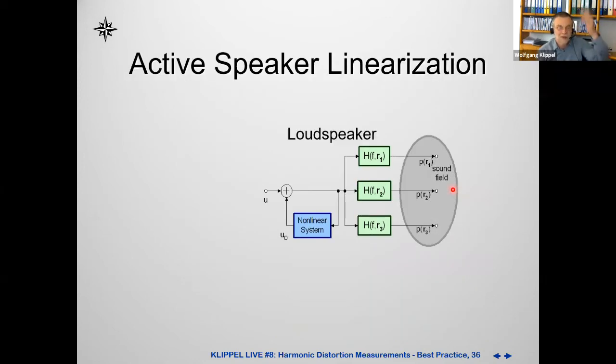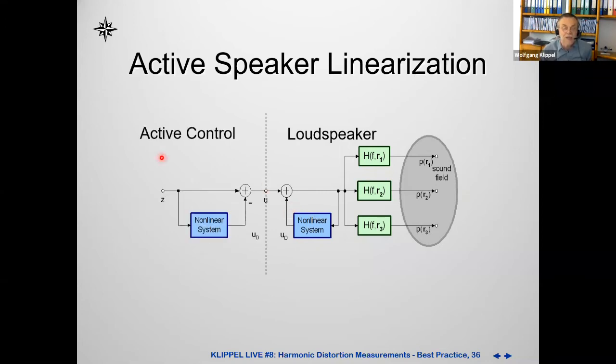And now another consequence: the equivalent harmonic distortion are actually measured here at the input. They are more or less what is generated from the dominant nonlinearities, BL, inductance, and so on. And they can be canceled in a DSP by nonlinear signal processing.